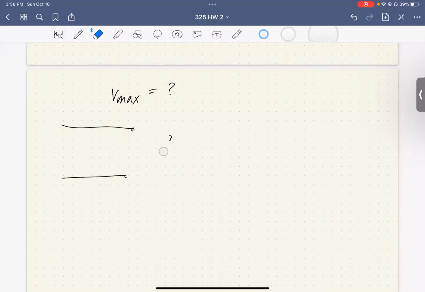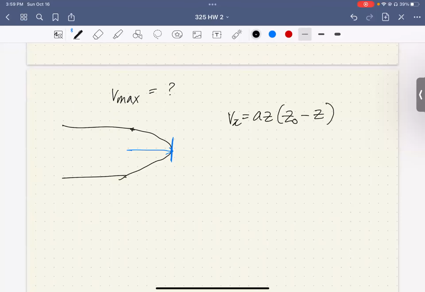So let's start thinking of this in a different way. We know that if we take the derivative of the flow profile, that will be when the slope is 0, right? That means when the slope is 0, it is actually at its maximum. We know this from calculus, right? So we're going to see Vx right here. Great.